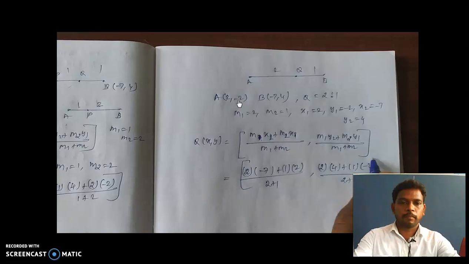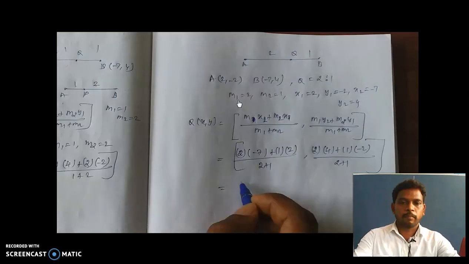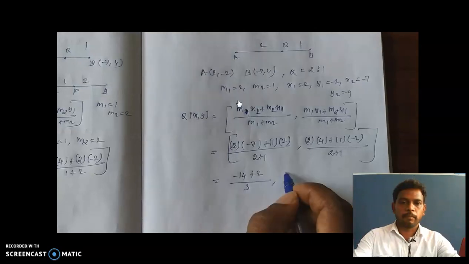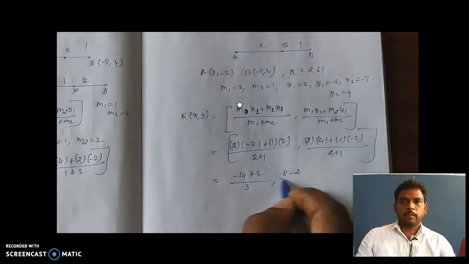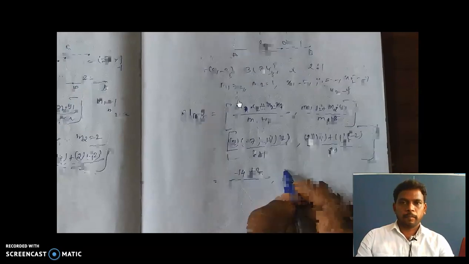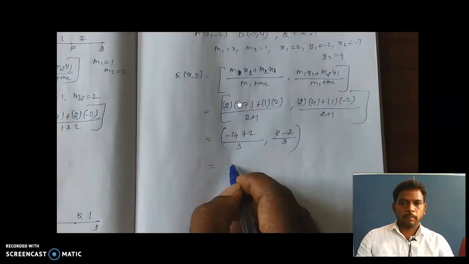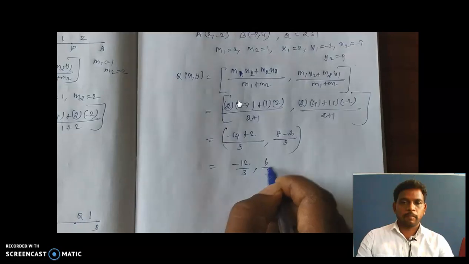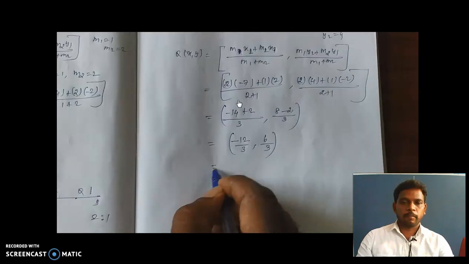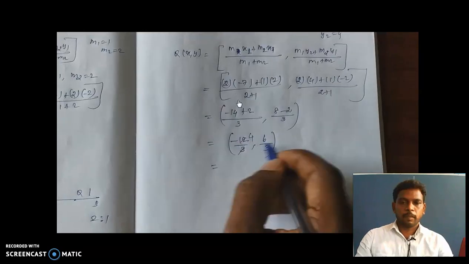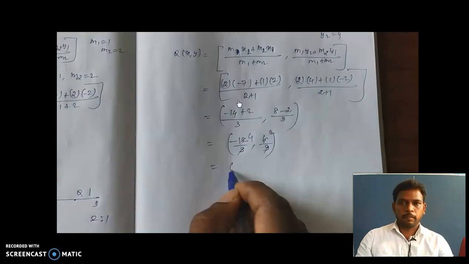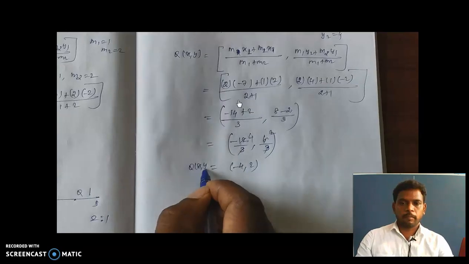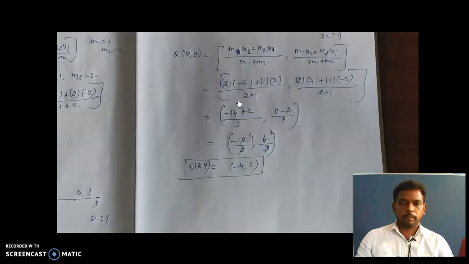So equal to -14 plus 2 divided by 3, comma, 8 minus 2 divided by 3. So we get -12 by 3, comma, 6 by 3. When we divide, 3 goes into 12 four times and into 6 two times. So -4, comma 2. The coordinates of Q is -4, 2.